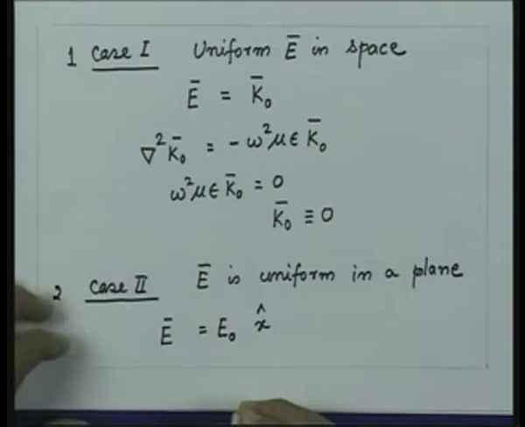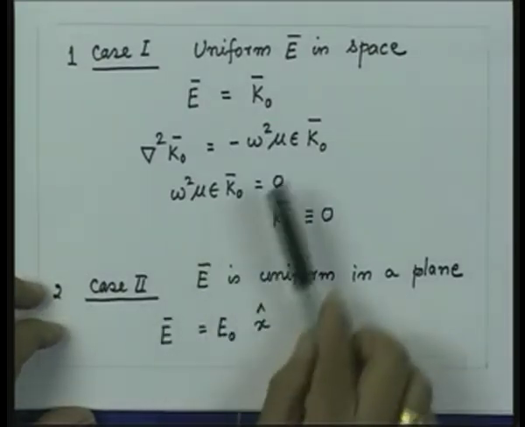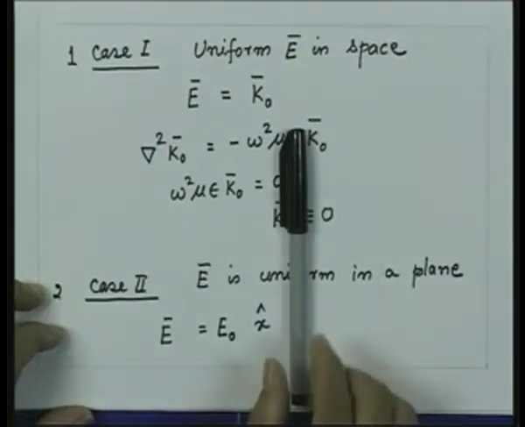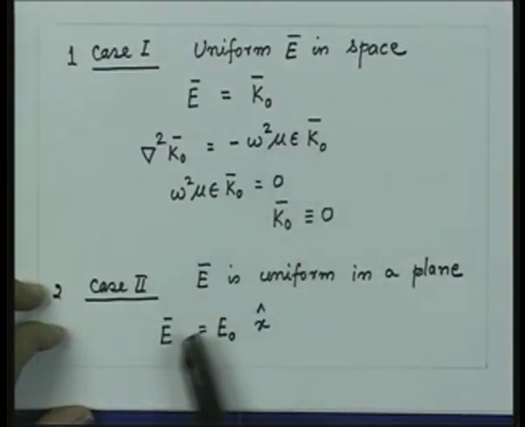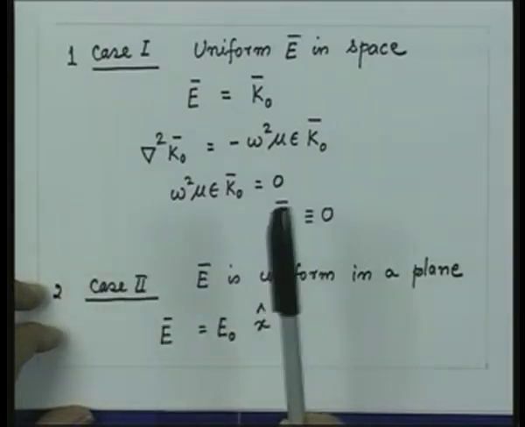And now we are assuming that the E is uniform in a plane. Once the E is oriented in x direction, there are two possibilities: E is constant in a plane containing the x axis, or it is constant in a plane which is perpendicular to the x axis. That means we are assuming that the electric field is constant in a plane perpendicular to its direction, or the electric field is constant in its plane.